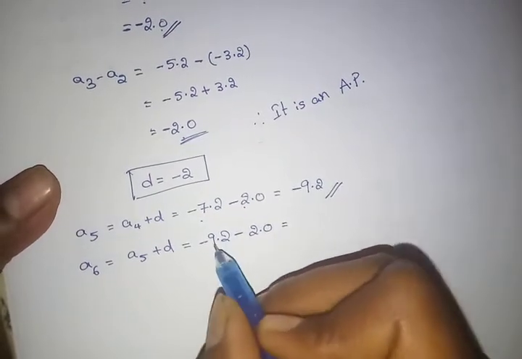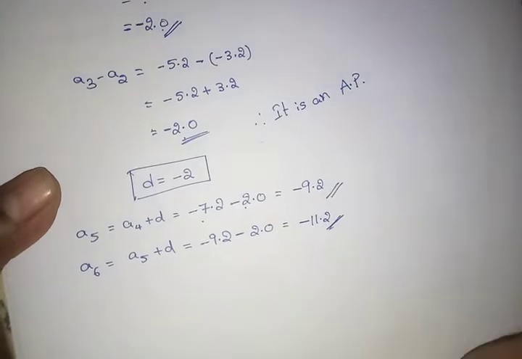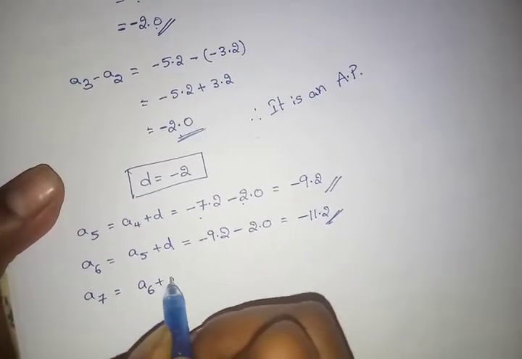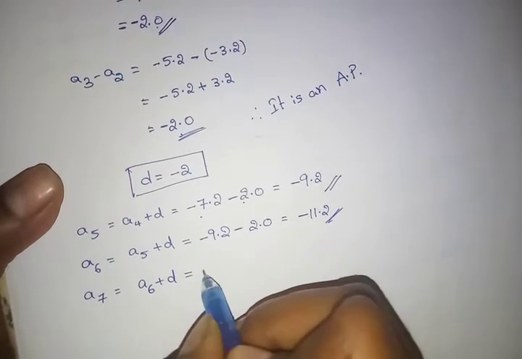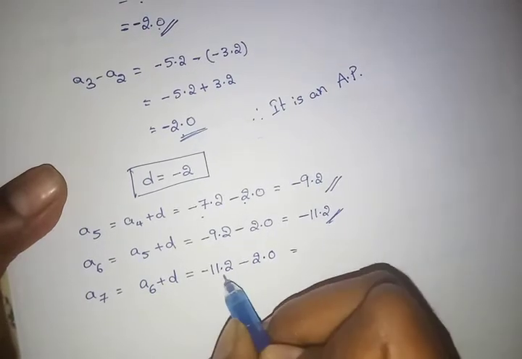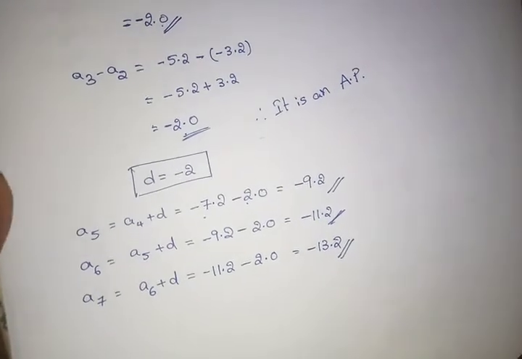How much will you get? 9, 10, 11. Minus 11.2. Now, A7 value. A6 plus D equals minus 11.2 minus 2.0. 12, 13. Minus 13.2. Easy problems, no?